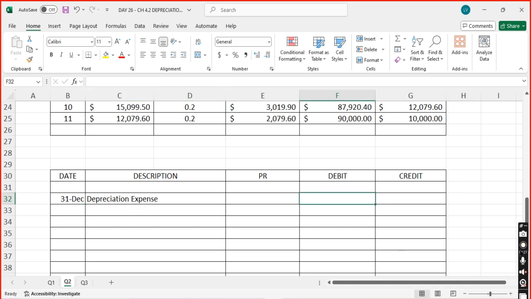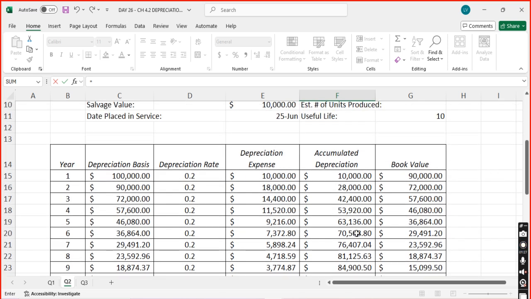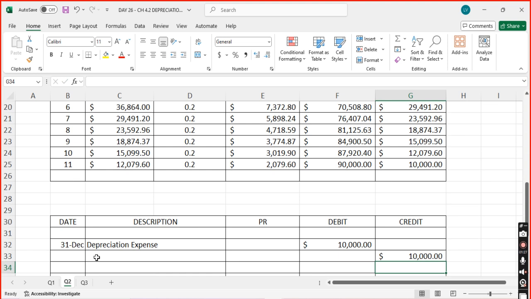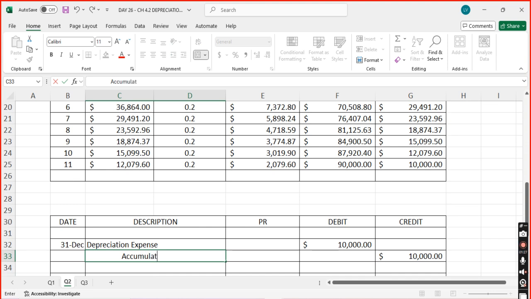The first year, we depreciated for $10,000. Correct, right?